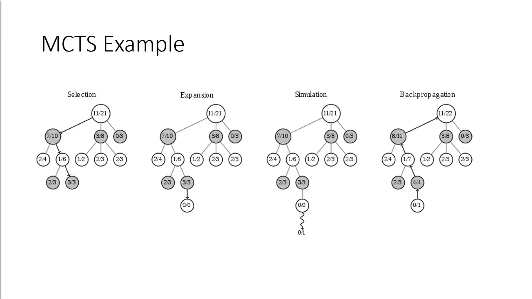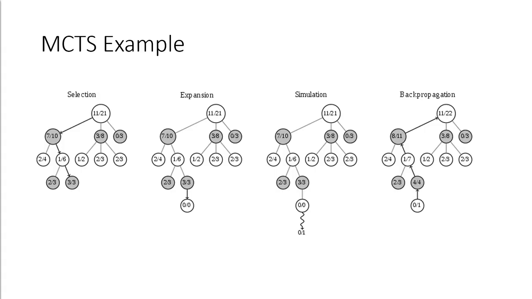So it'll always be the sum of whatever children nodes are underneath, the sum of those denominators. And then the numerator is going to be from the perspective of whichever player the color is shown.